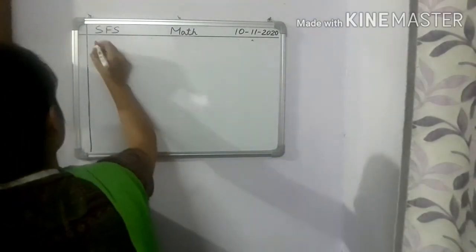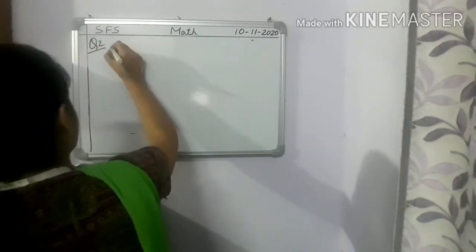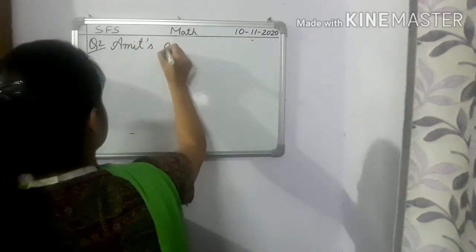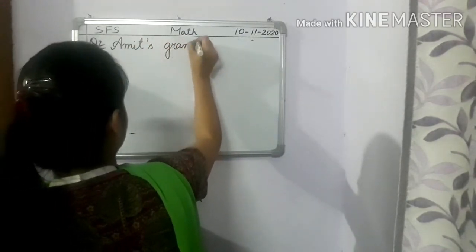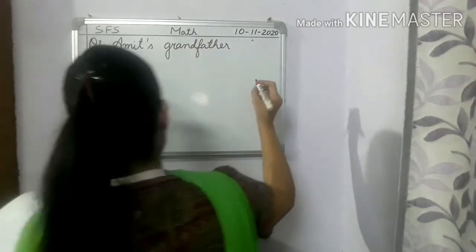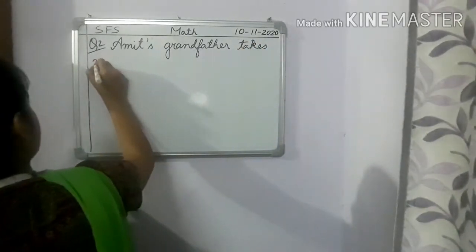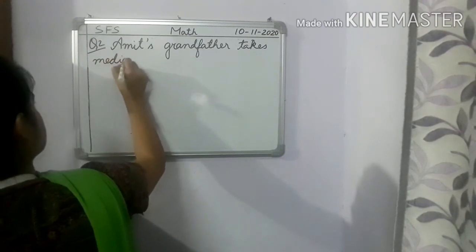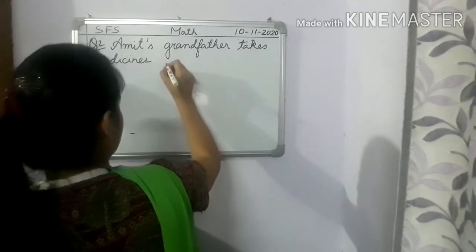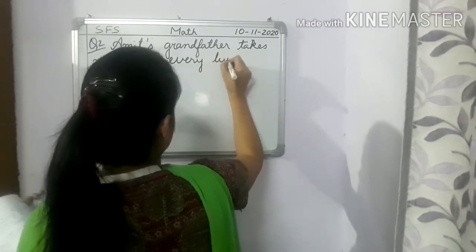The question is, Amit's grandfather takes medicines every 2 hours.